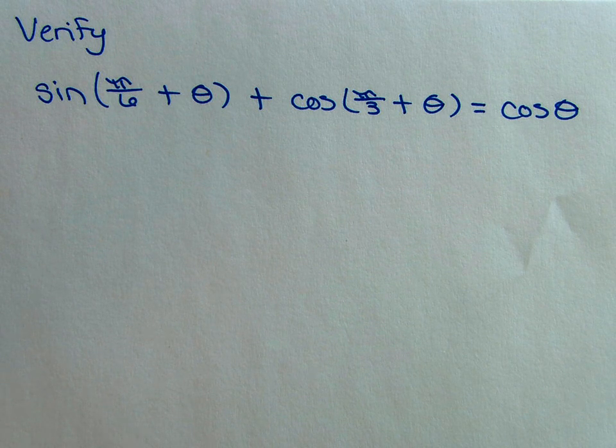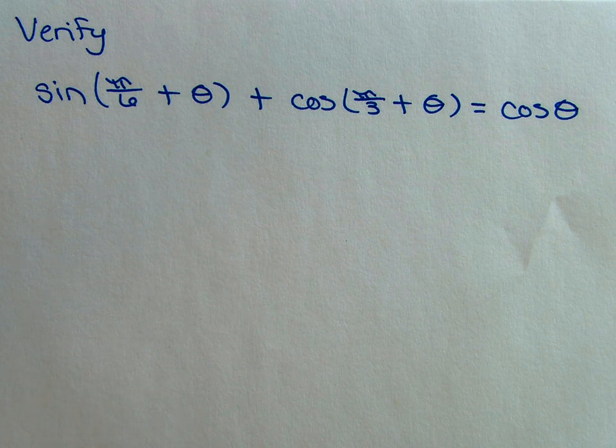We have verify sine of all this yuck plus cosine of different yuck equals cosine theta. Those are very mathematical terms, by the way. So obviously looking at our equation, which side's more complicated? Yeah, that left side. Left side is way more complicated. So that's the side we're going to play with.